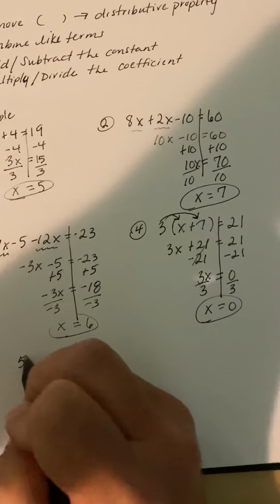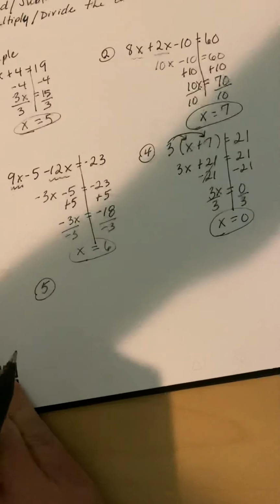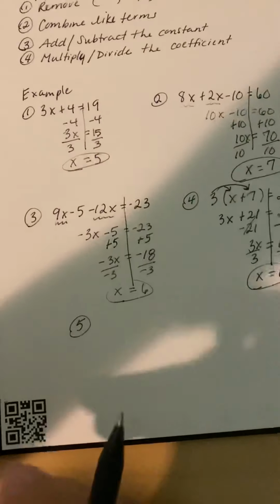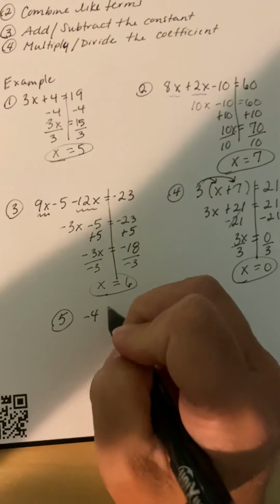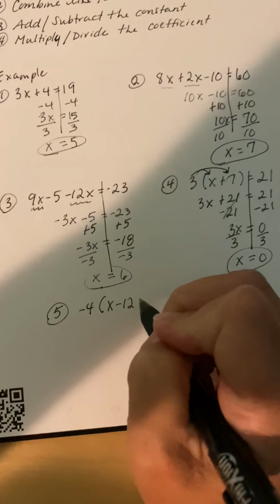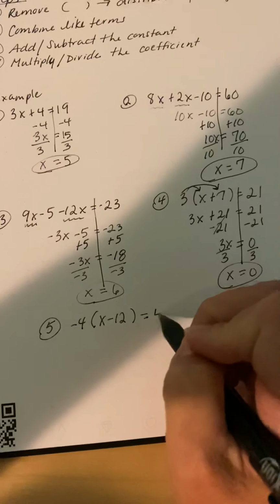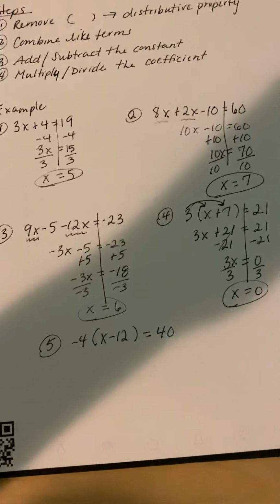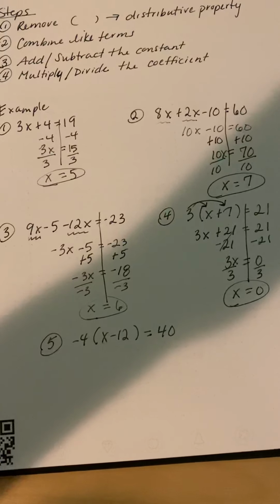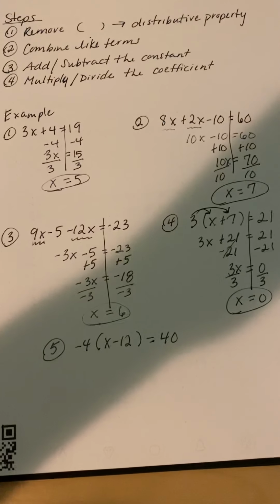All right, let's move on to number 5 here. We are going to have negative 4 times, in parentheses, x minus 12 equals 40. So negative 4 times the quantity of x minus 12 equals 40.